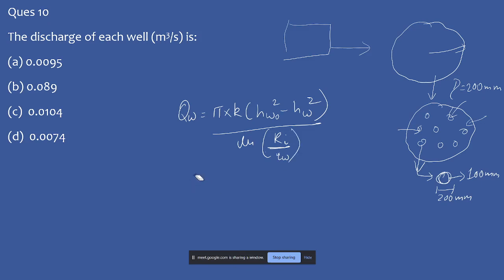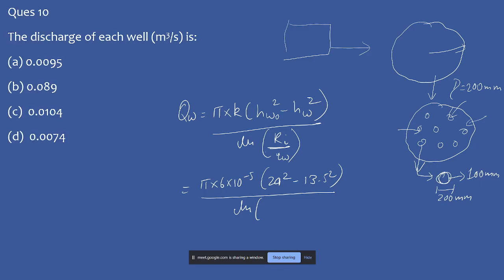Putting the values in: pi into 6 into 10 to the power minus 5, into 24 square minus 13.5 square, divided by ln of the radius of influence, which we checked in the previous question is 243.9. The equivalent radius is 0.1 meter.